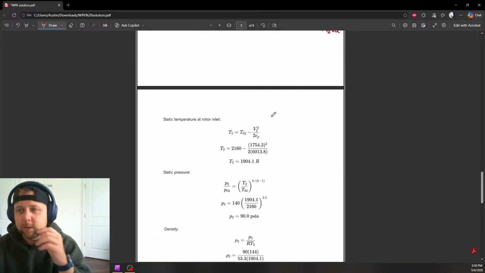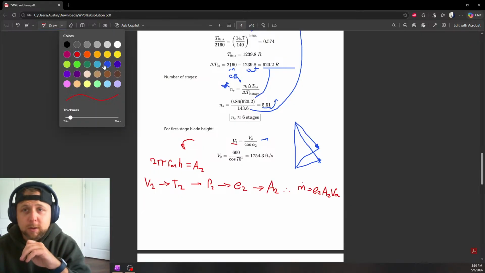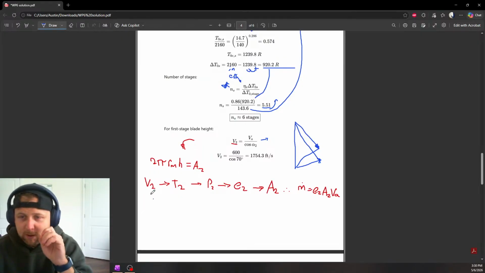Yep, there it is. So it's this line right here: V2, T2, P2, rho 2, A2.